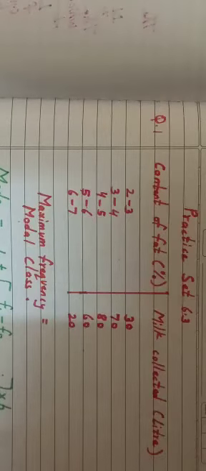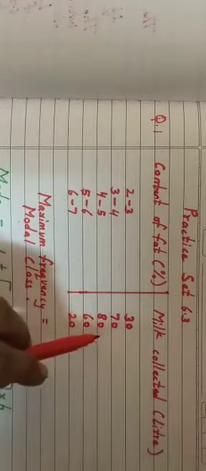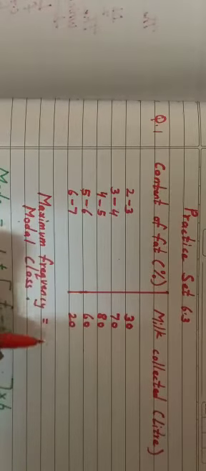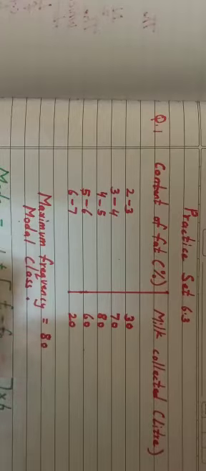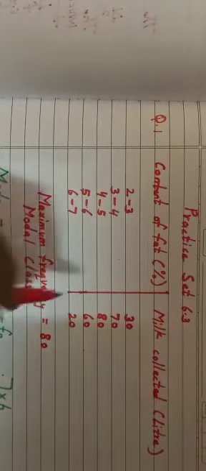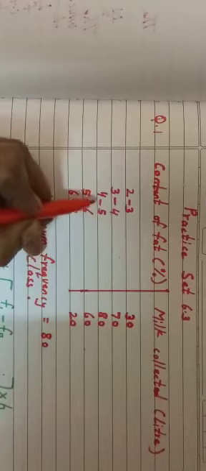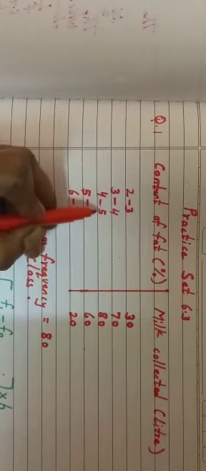Okay, now you have to find the class which contains maximum frequency. Which class is having maximum frequency here? See, the highest frequency is 80, right? So you will write here 80. Then highest frequency is 80, but which class is having the highest frequency 80? 4 to 5.